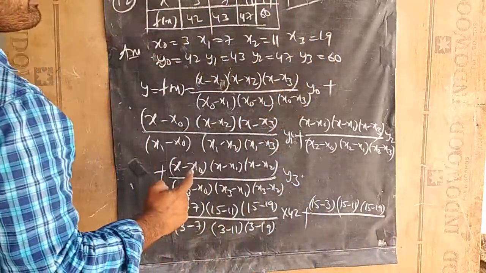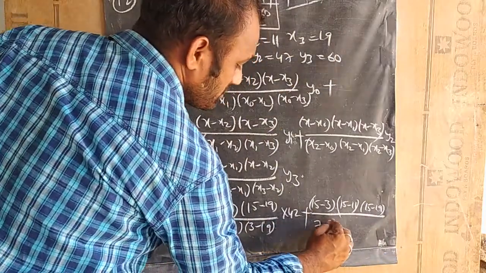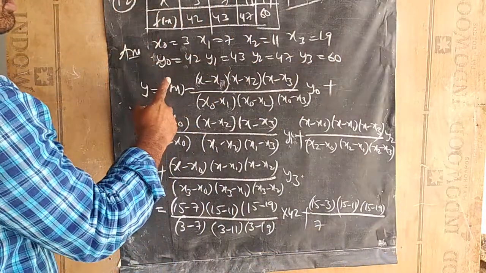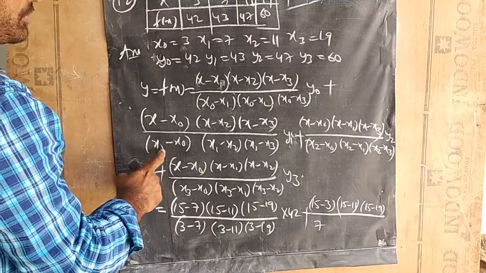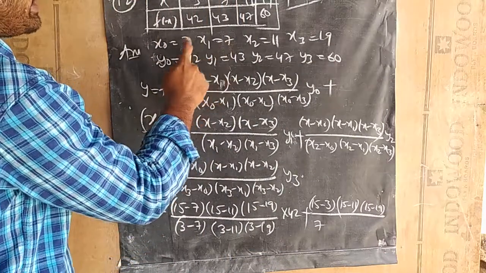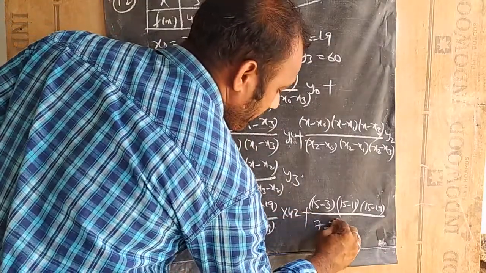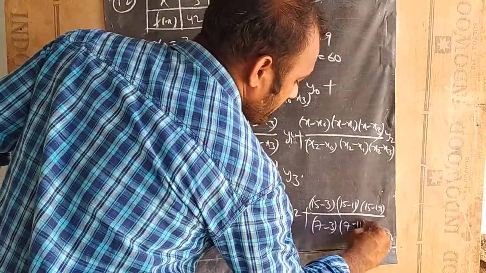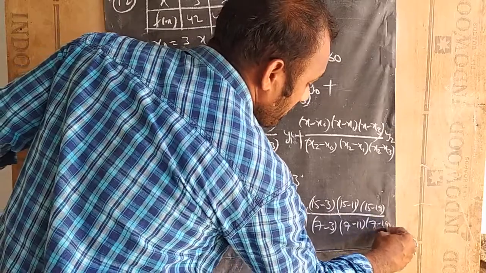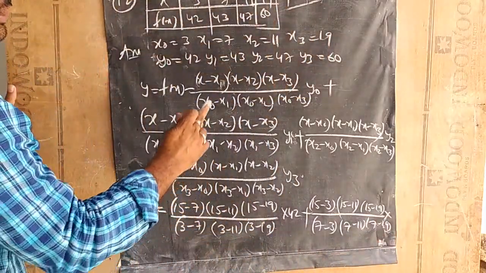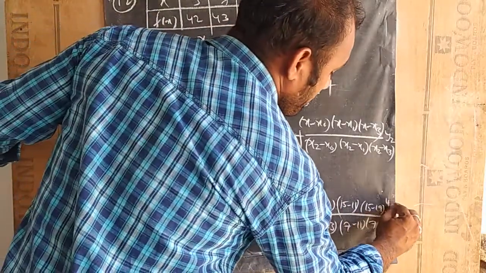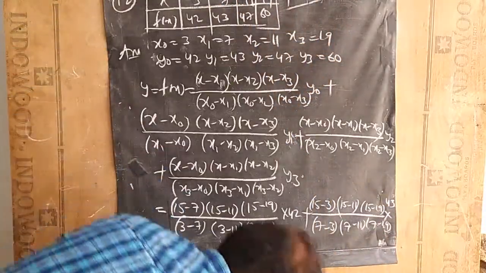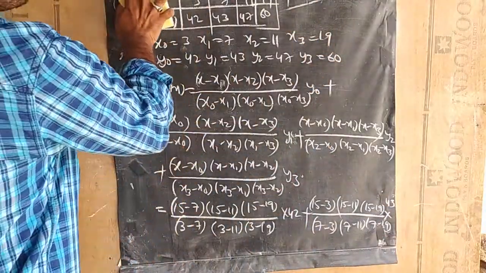So divided by x1 minus x0, 7 minus 3, 7 minus 11, 7 minus 19, into y1 value, which is 43.